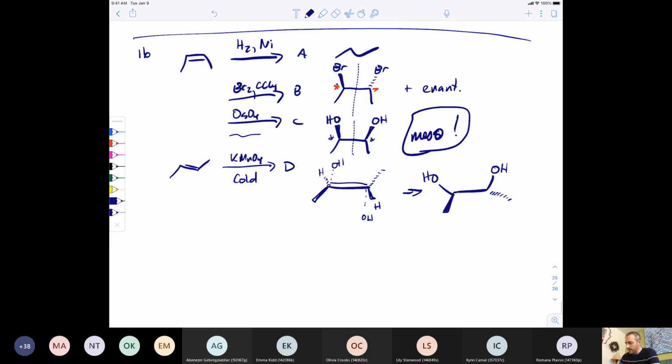Or another way of drawing that, if you rotate that around a little bit, is this. So that's not meso. It's got chiral centers, but no mirror plane.